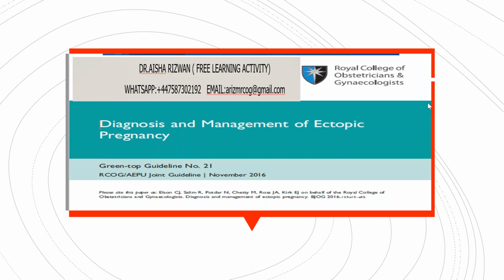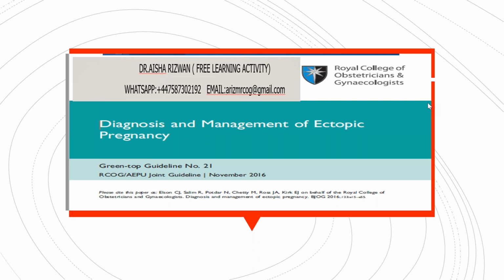So if the level is decreasing between day 1 and day 4, there is an 88 to 100% chance of a successful treatment. While if the levels of the beta-HCG are rising between day 1 and day 4, then the chance of success will drop to 42 to 62%.